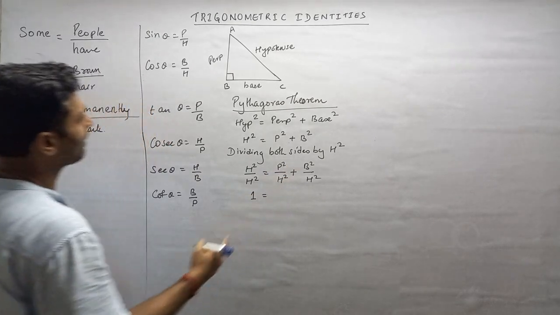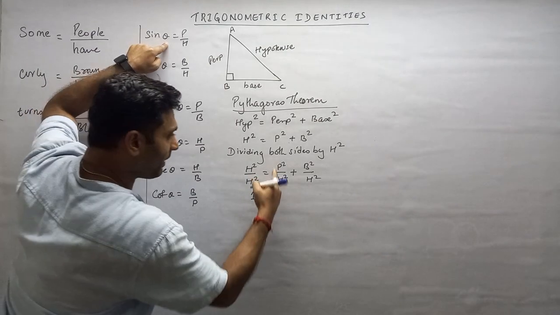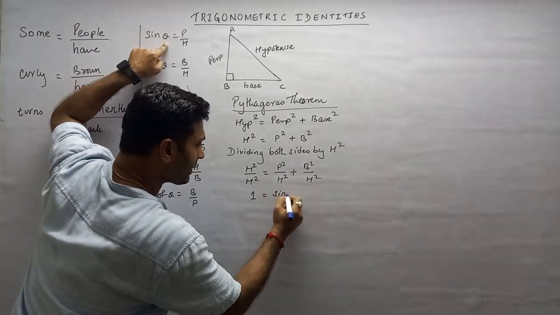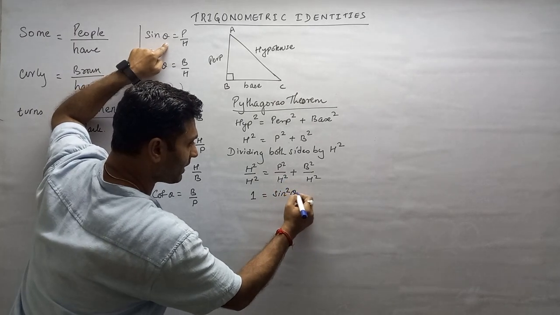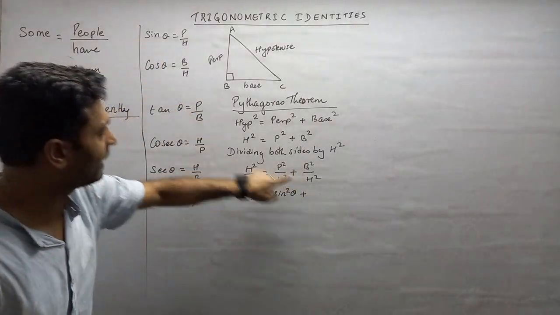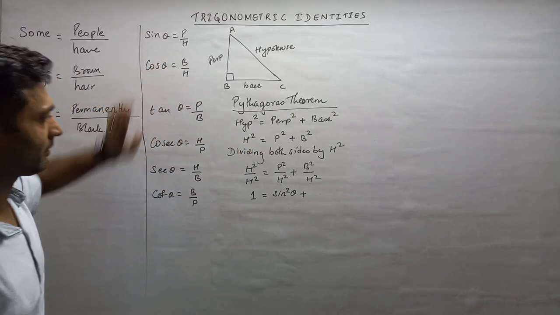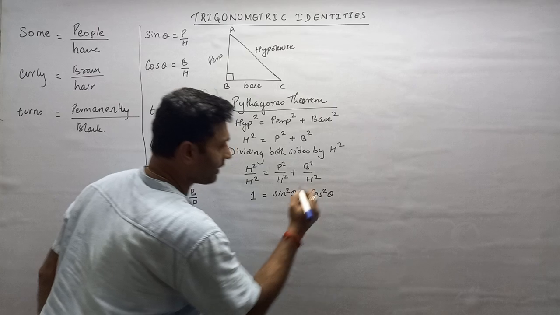P upon h, you can see here. Where is p upon h? Here, sine. So p by h is sine, but because this is square, I write sine square theta plus what is b upon h? B upon h is cos. So I can write here cos square theta.